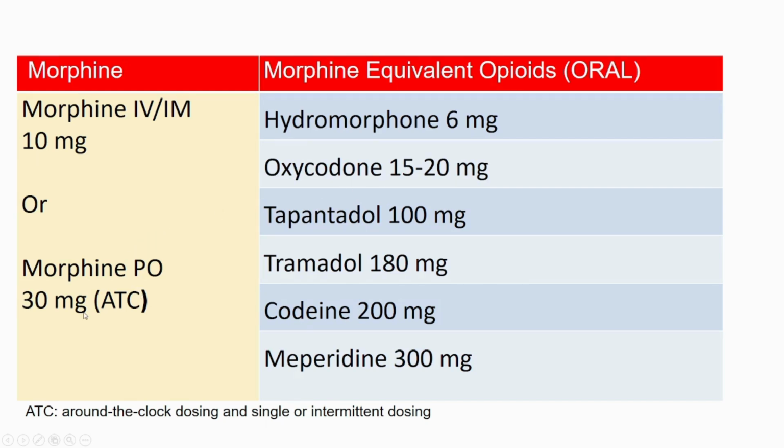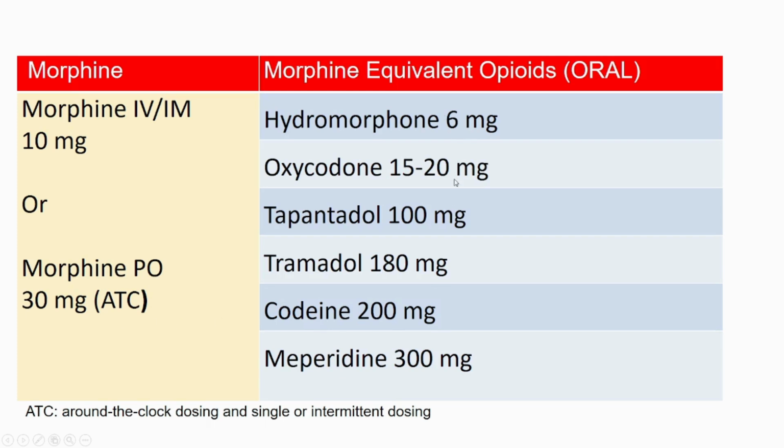Also, 30 milligrams of oral morphine equals 15 to 20 milligrams of oxycodone. And then 200 milligrams of codeine equals 30 milligrams of oral morphine, whereas 300 milligrams of meperidine equals 30 milligrams of morphine.